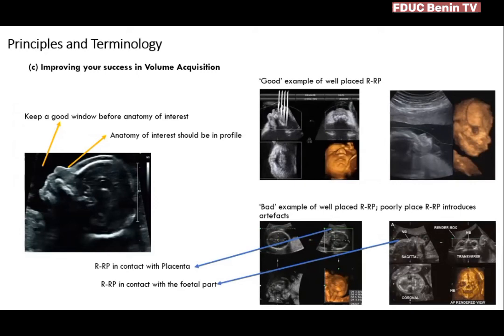We also need a good acoustic window before the anatomy of interest. And thirdly, we did mention in the previous slides that the isocenter of the anatomy of interest should be aligned to the isocenter of reconstruction. That is true. It depends on the mode.